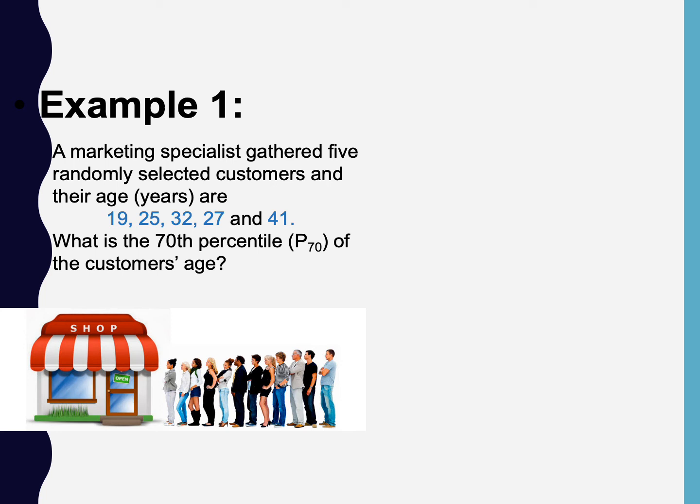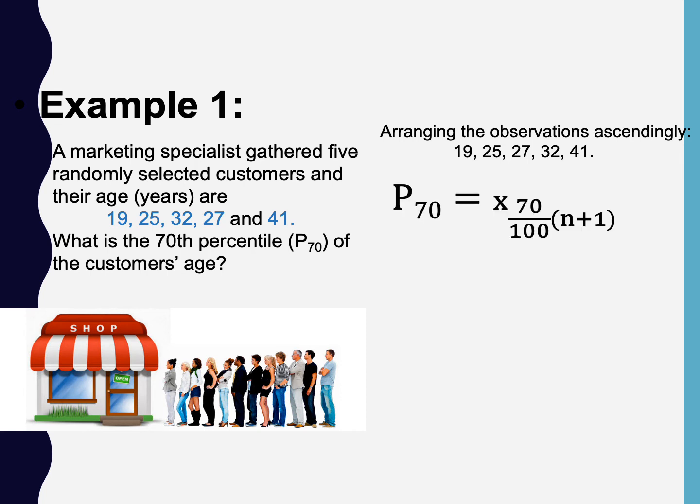Next example, using the same data set, what is the 70th percentile or P70 of the customers' ages? So again, arranging your data set ascendingly and solving for the position of the 70th percentile. That would be 70 over 100 times n plus 1, where n is the number of observations, which is equal to 5.